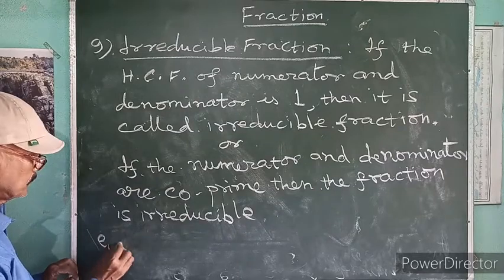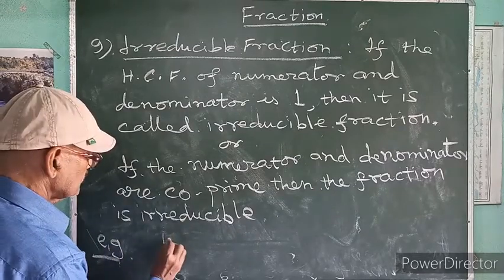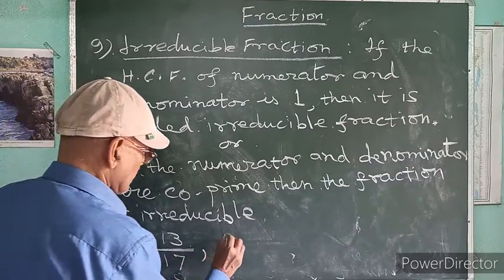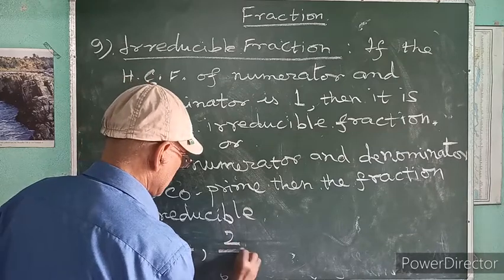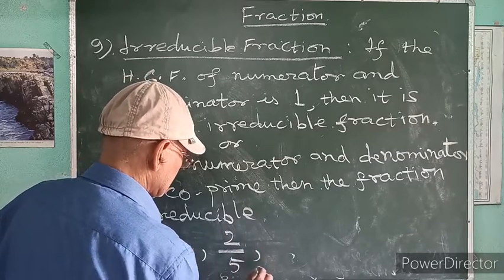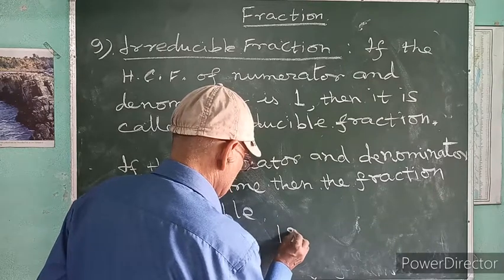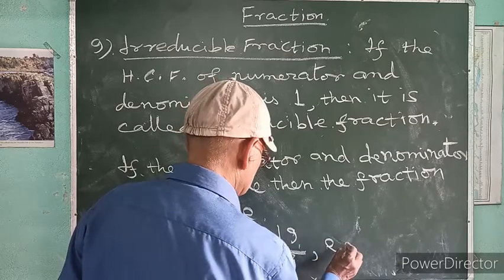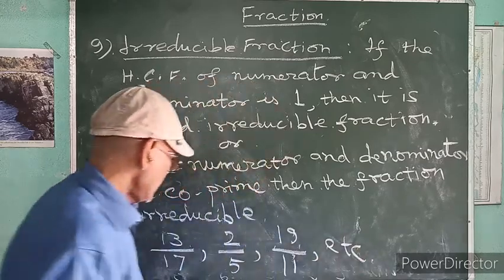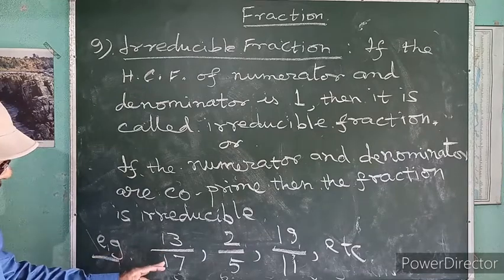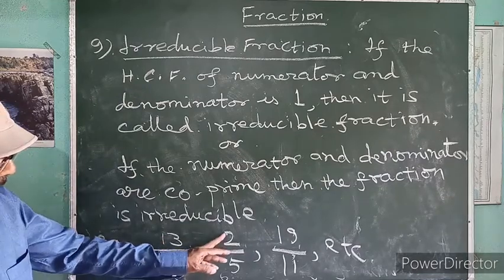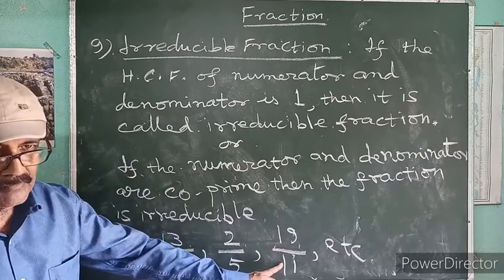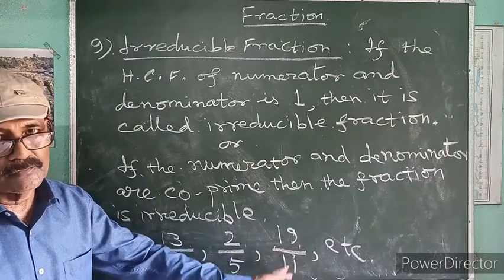Example: 13/17, 2/5, 19/11, etc. Because their HCF is always 1 and these numerators and denominators can't be divided by any number other than 1.